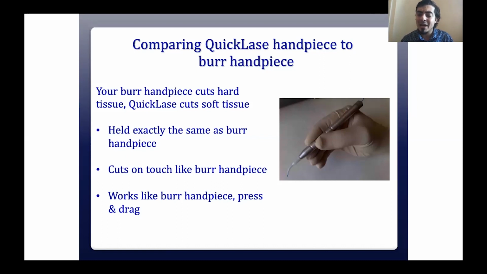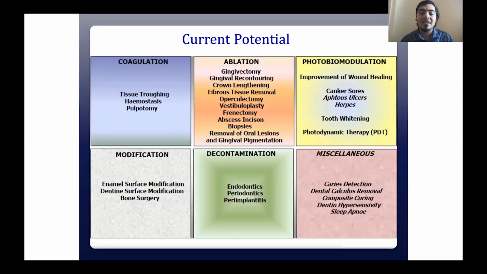There's many more we haven't spoken about, such as hemostasis, pulpotomies, endodontics. We haven't spoken about whitening. We haven't spoken about photodynamic therapy with TMJ therapy. There's so many other procedures that it can be used for.